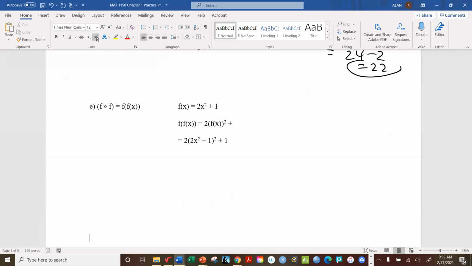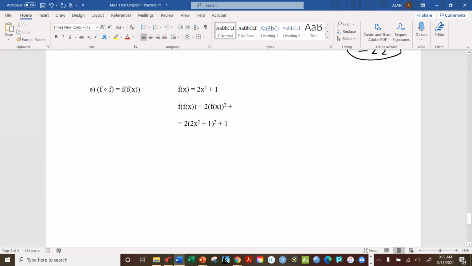So now it looks like it's time for some FOIL. 2x squared plus 1. What is going on here? My tablet is misbehaving here. Hold on a second. Technology loves to mess with you. All of a sudden my tablet has decided it's tired.